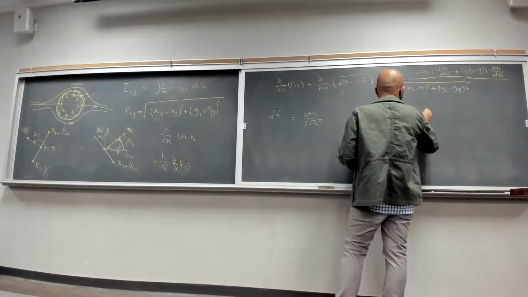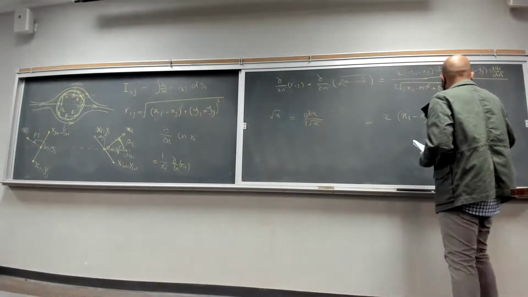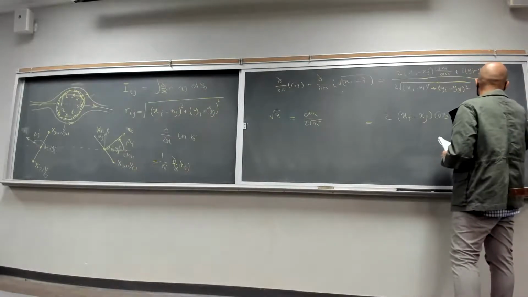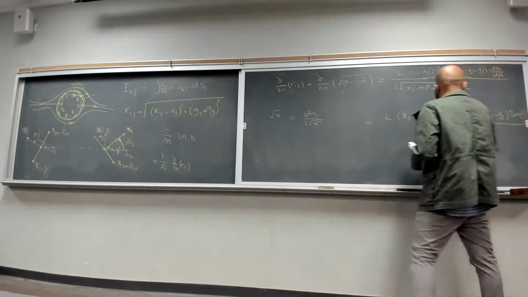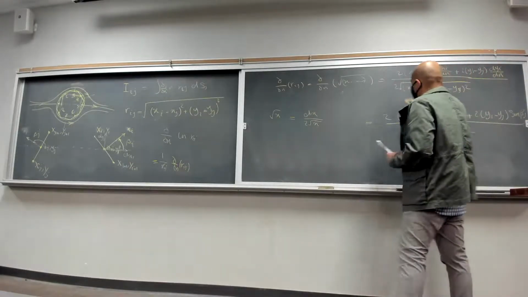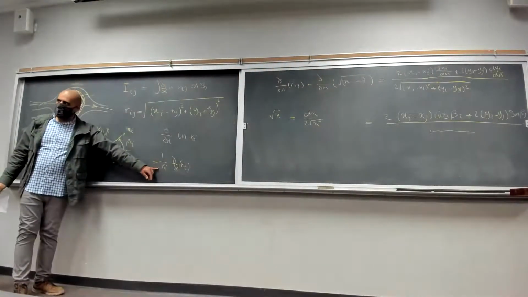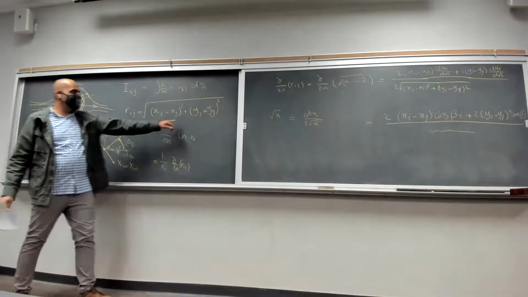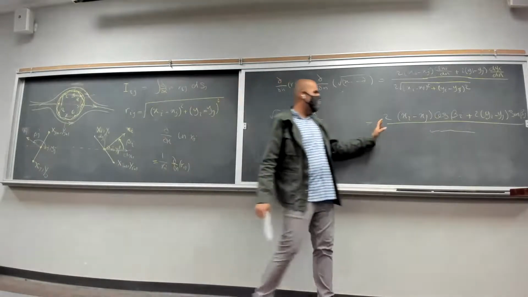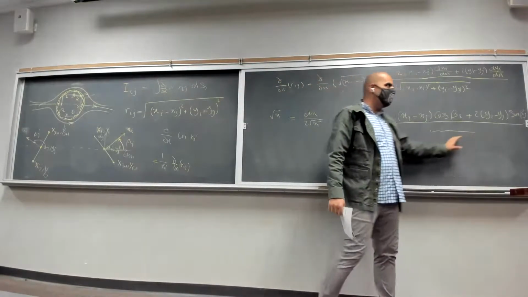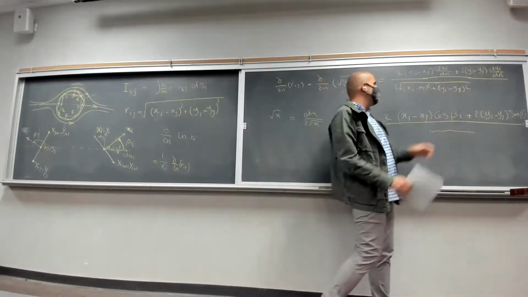So we're going to get 2 times xi minus xj cosine of beta I plus 2 times yi minus yj sine of beta I, divided by 2 square root of whatever. And here we have 1 over Rij. Rij is this. So this is going to be 1 over Rij multiplied by this whole thing. On the denominator, these 2's will cancel out.